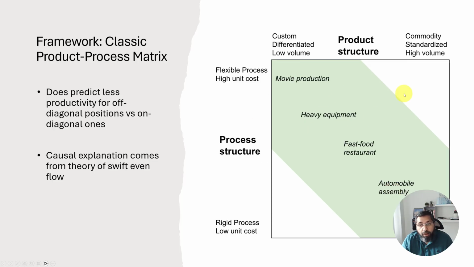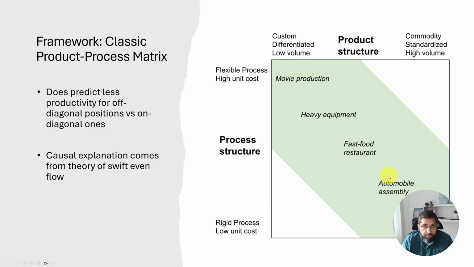Okay, and this is a framework, but it can be a theory because it can explain why being on the diagonal is better. Because when you're off the diagonal, you're doing things suboptimally. You could reduce your cost by coming onto the diagonal. Let's say you're producing something that is customized with low volumes using an assembly line.